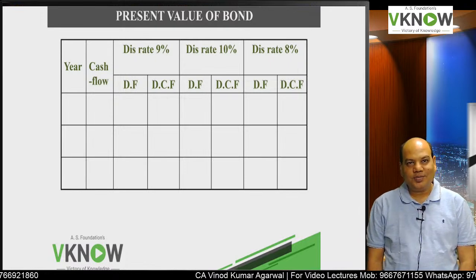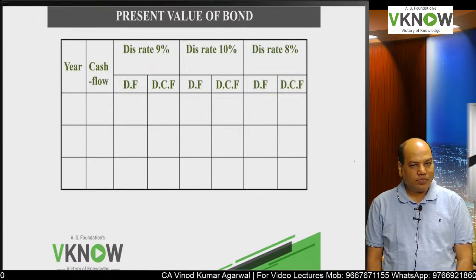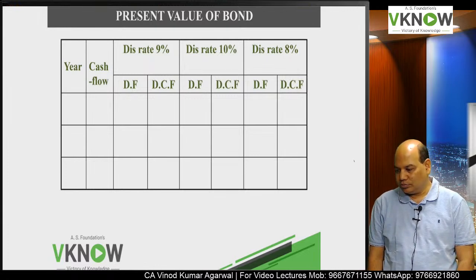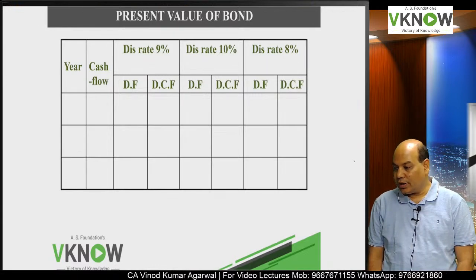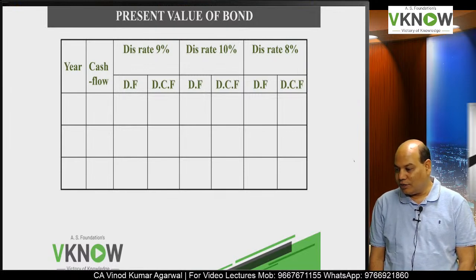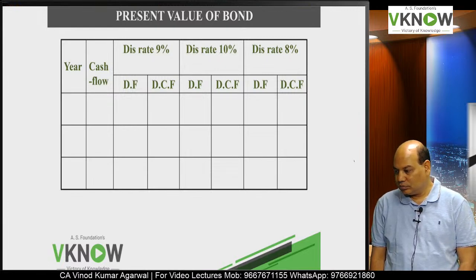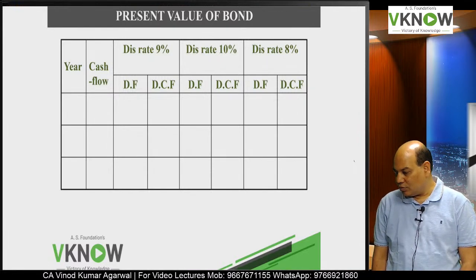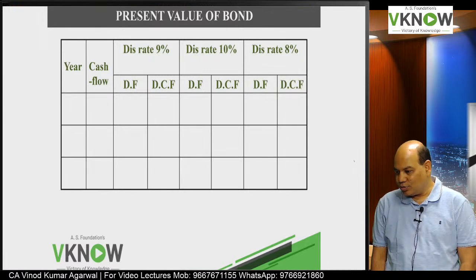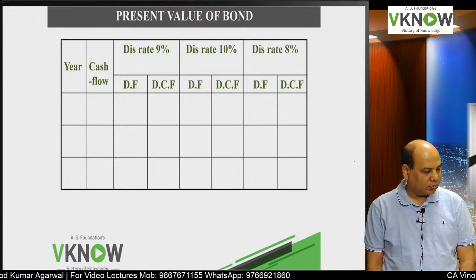Under that two columns, discounting factor, discounted cash flow. Then discount rate 10%. Under that two columns, discounting factor, discounted cash flow. Then discount rate 8%. Under that two columns, discounting factor, discounted cash flow.